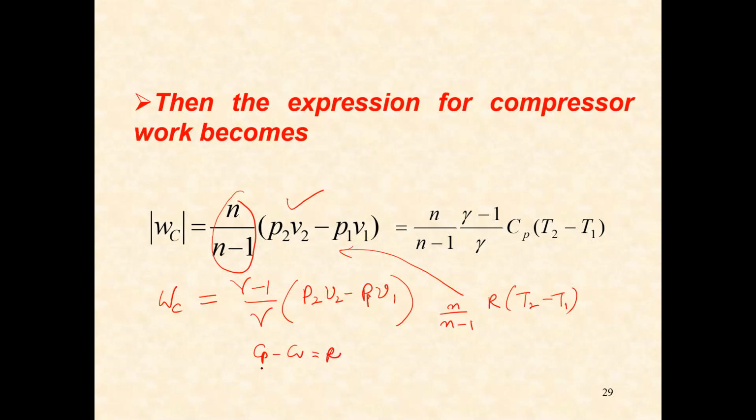Now you remember the expression Cp minus Cv is equal to R. If I divide the whole equation by Cp, then I will get 1 minus 1 by gamma is equal to R over Cp, which implies that R over Cp is equal to gamma minus 1 over gamma.